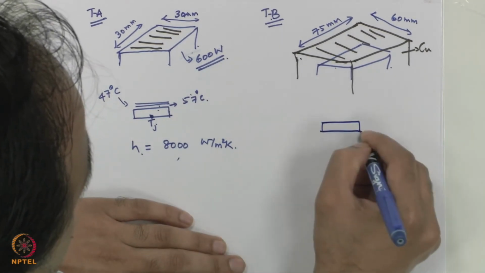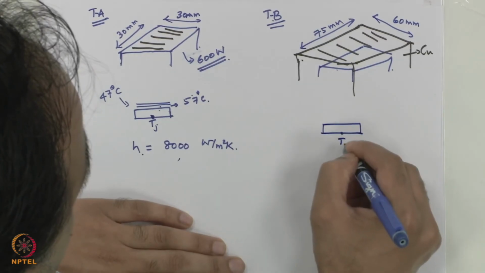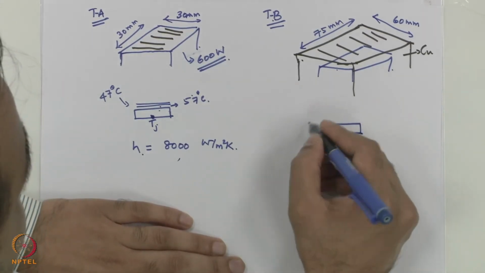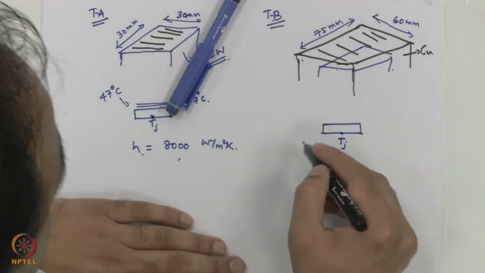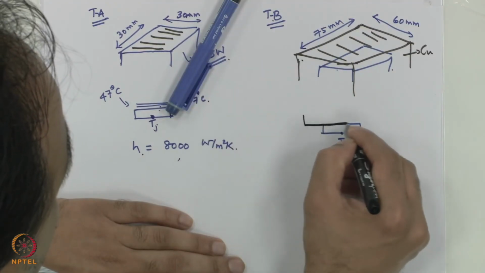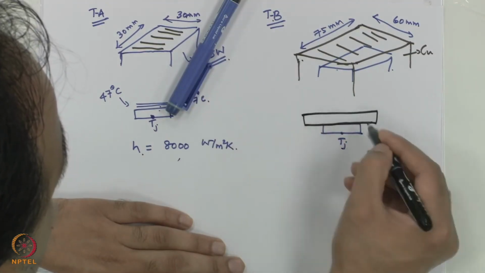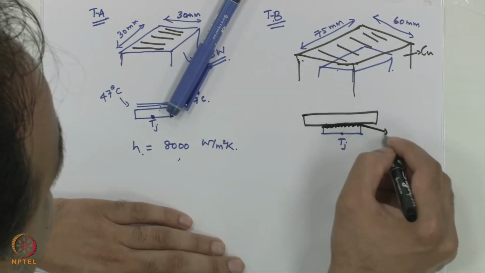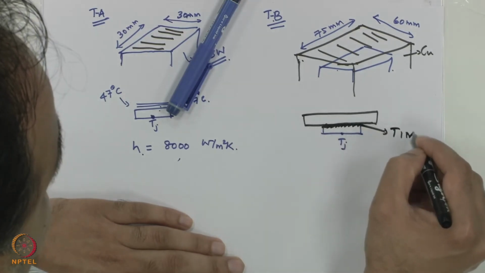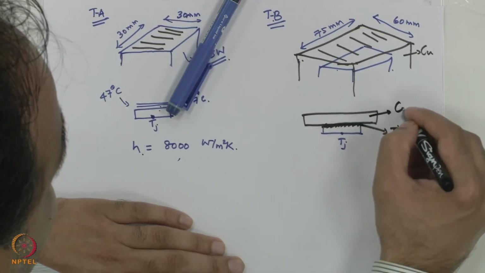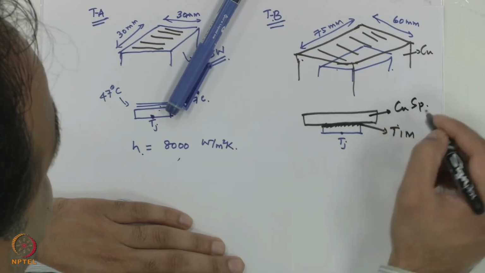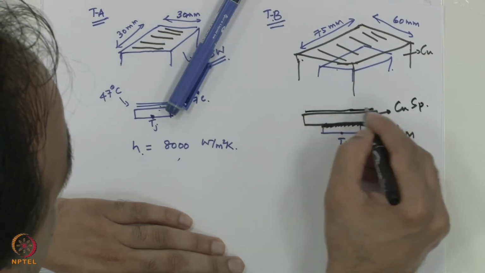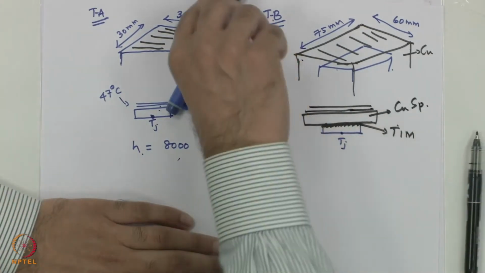So this is the junction temperature, and now we have a heat spreader or a copper, and there is a thermal interface material as well. And microchannels are enabled on top of this copper.